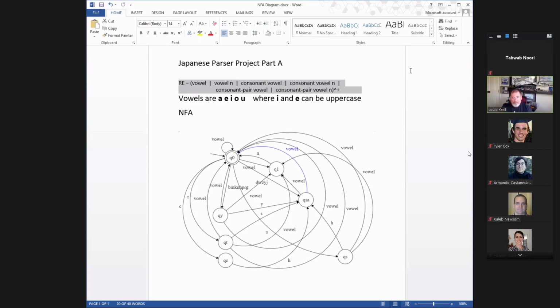The previous answer was if you're in Q0, it's accepted. But as we create the DFA, you're going to find we're going to have multiple final states, and we just want to make sure that the final state is one of those. If we're in any other state, it's not final, and we'll return no, because the recognizer will say invalid string. Questions?